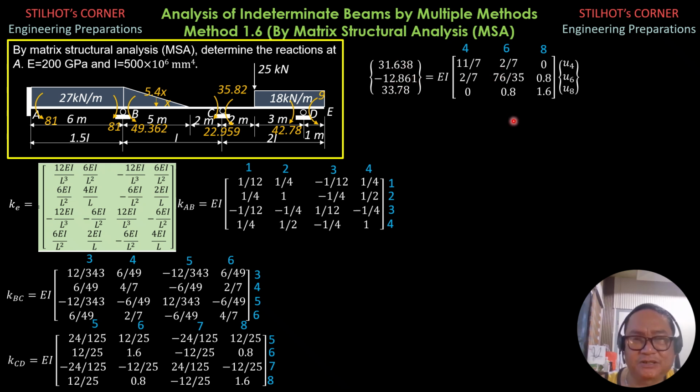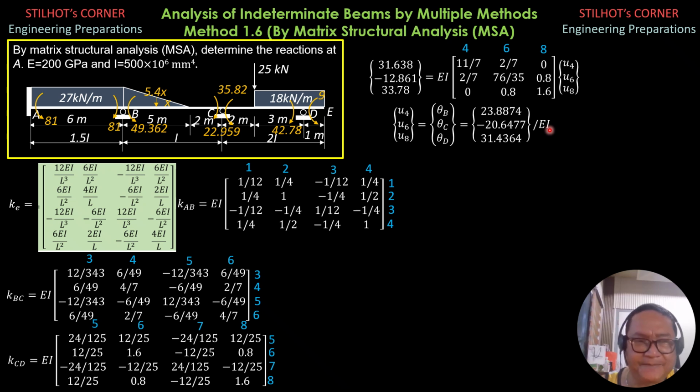So the results, U4, U6, U8, or theta B, theta C, theta D, are 23.8874, negative 20.6477, and 31.4364 over EI.